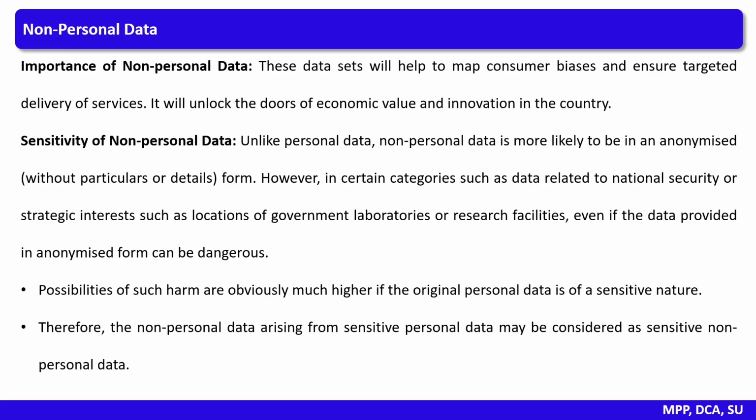Possibilities of such harm are obviously much higher if the original data is of sensitive nature. Therefore, the non-personal data arising from sensitive personal data may be considered as sensitive non-personal data.